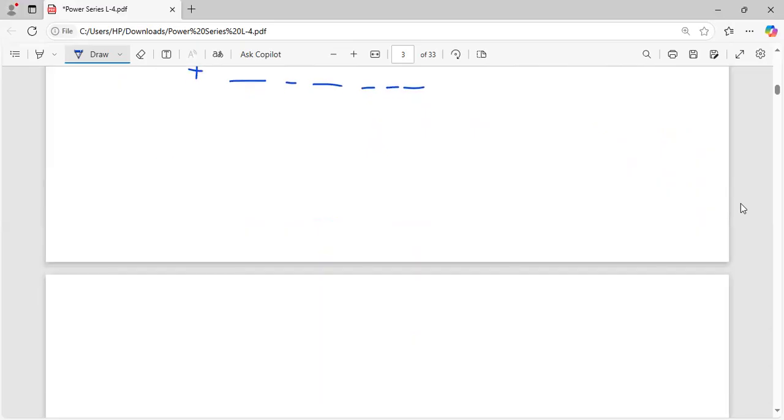This is equal to 1 by 2 minus (x minus 2) upon 2 squared, and so on.